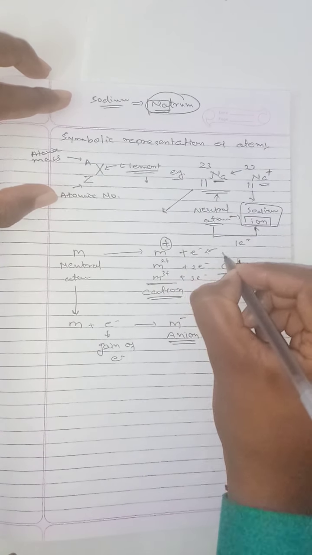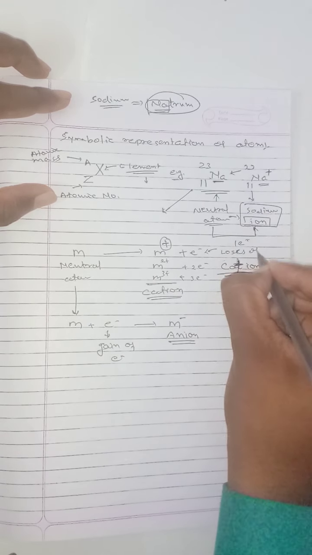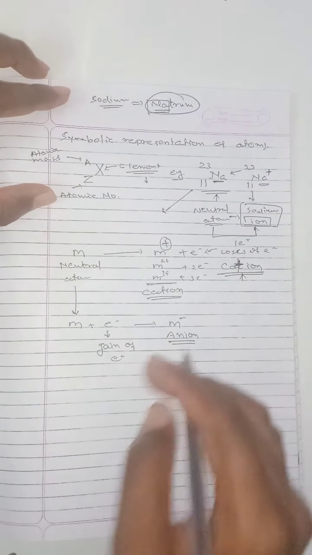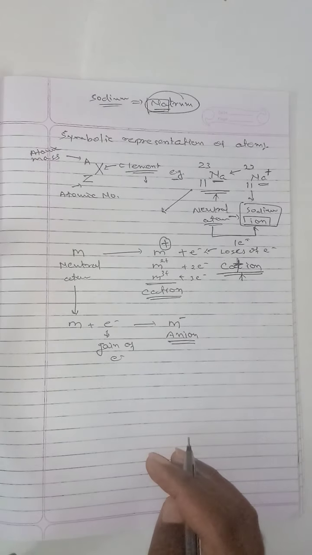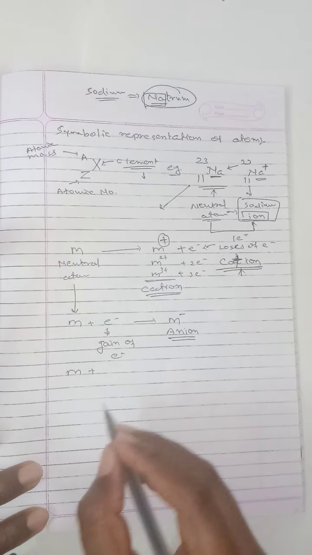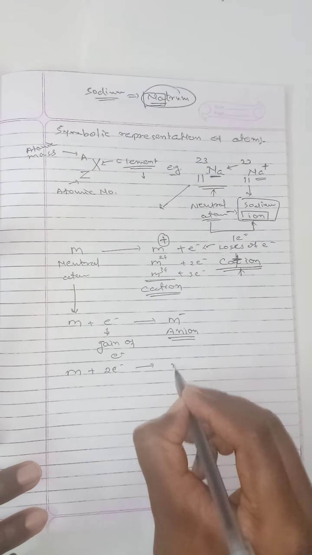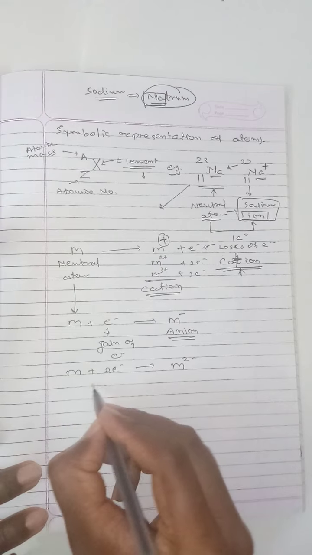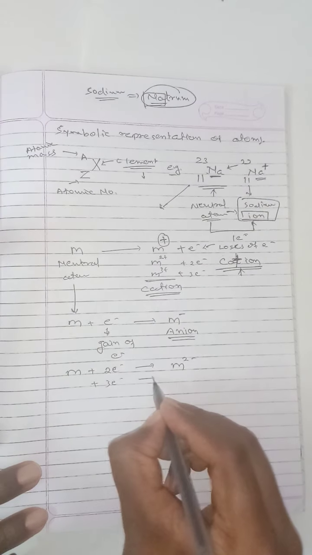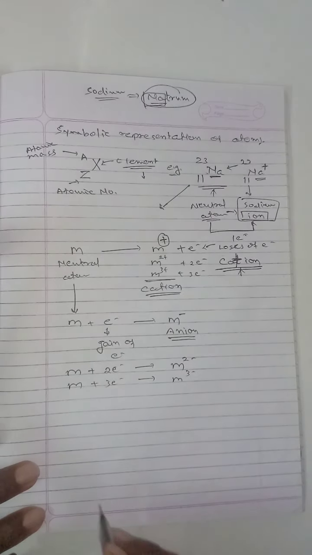Here the loss of electrons, here the gain of electrons. Suppose neutral atom M gains 2 electrons, M2 minus. Suppose it gains 3 electrons, M3 minus.